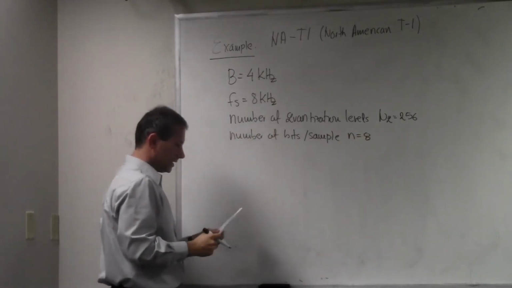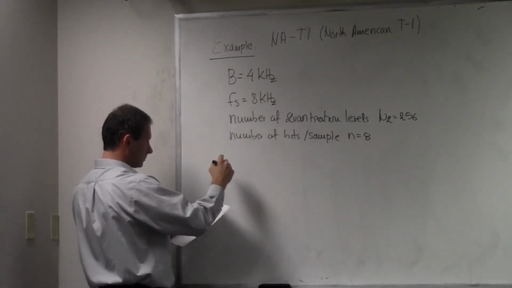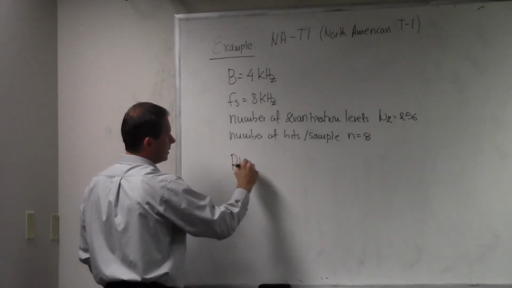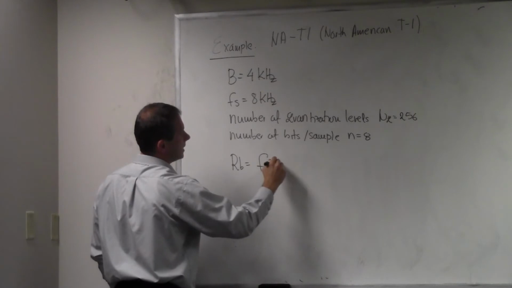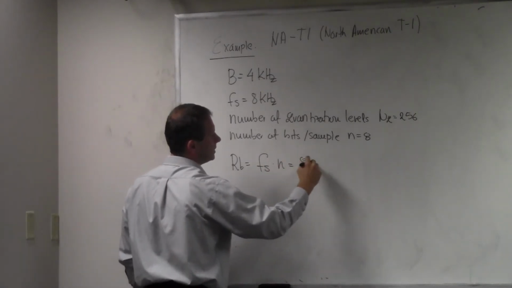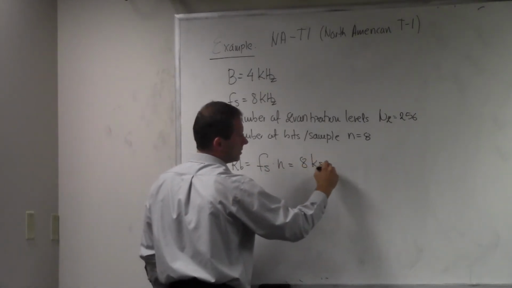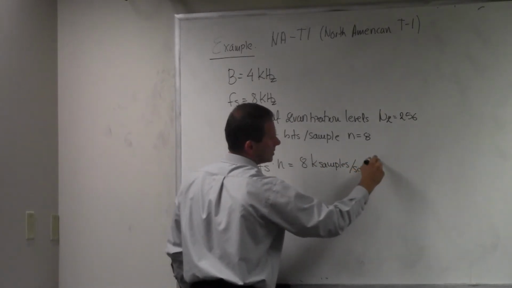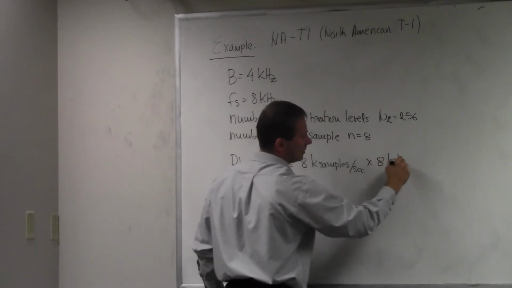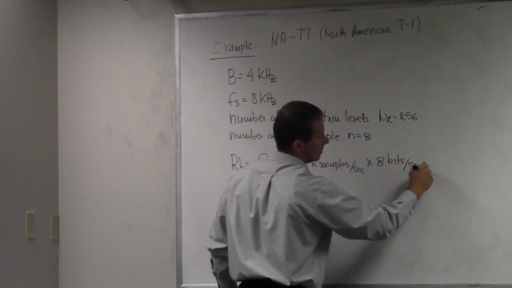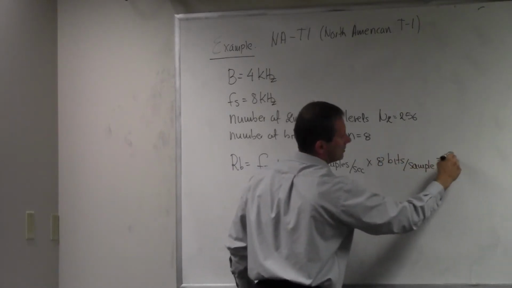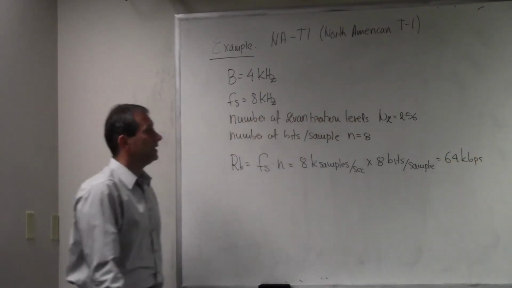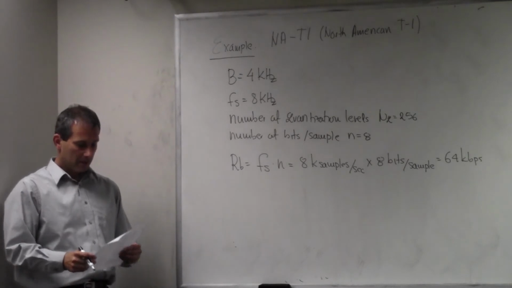So your total bit rate is always going to be fs times n, which in this case is 8 kilosamples per second times 8 bits per sample, which gives you 64 kilobits per second. And that's the data stream required to represent the voice.